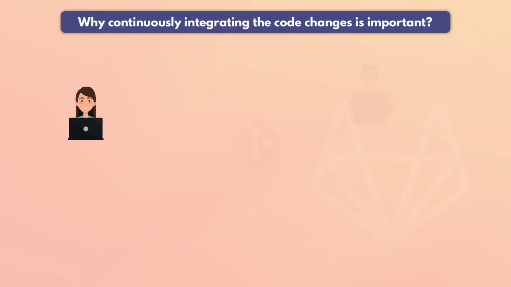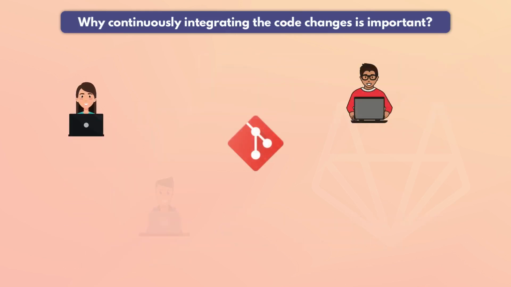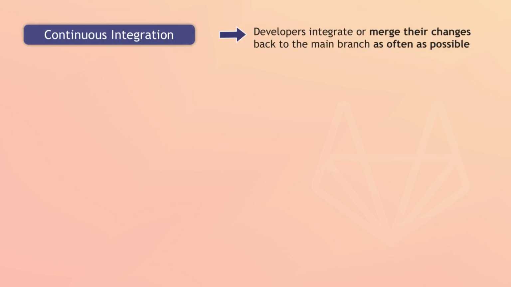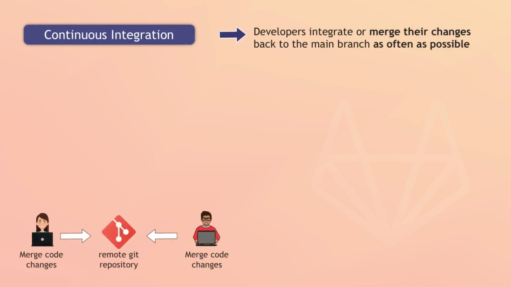And these are just 2 developers. Imagine you had 10 developers or 50 all working on the same code in parallel, which is also quite a common use case. Imagine what kind of mess that would be. So to solve these issues of conflicting changes and testing code frequently, the rule is that everyone should merge or integrate their changes with the remote repository in small chunks and frequently.